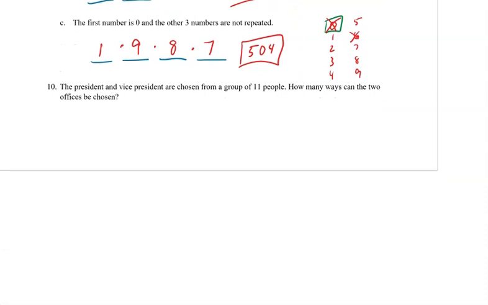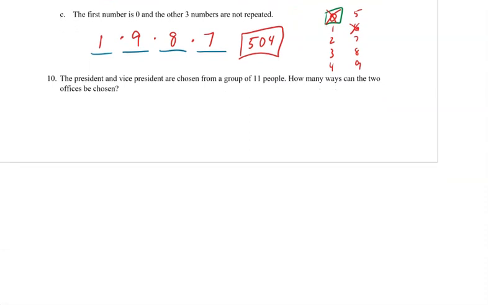All right, last one. The president and vice president are chosen from a group of 11 people. How many ways can the 2 offices be chosen? So this time we're only choosing 2 things, president and a vice president. So we're only putting 2 spots. For the president, we have 11 people to choose from.